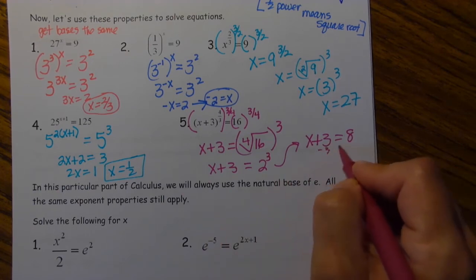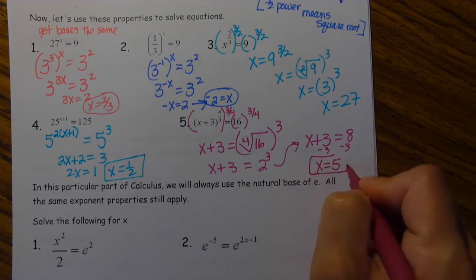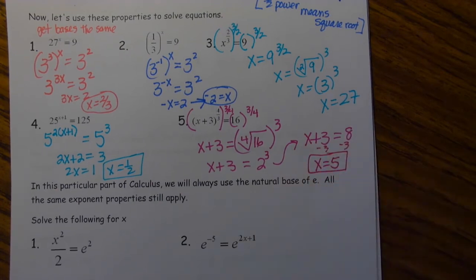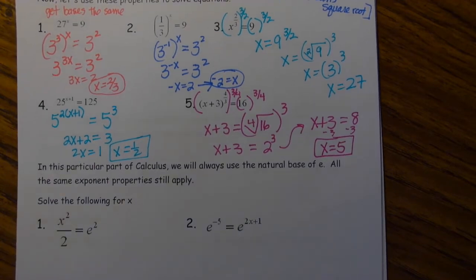So then we'll subtract 3. X equals 5. Not bad, right? You got this. Everybody good? Not too bad.